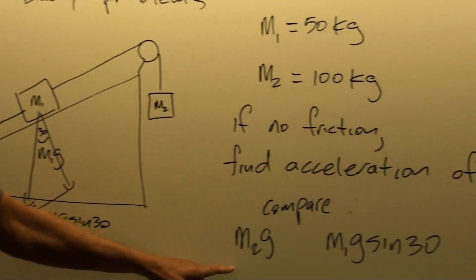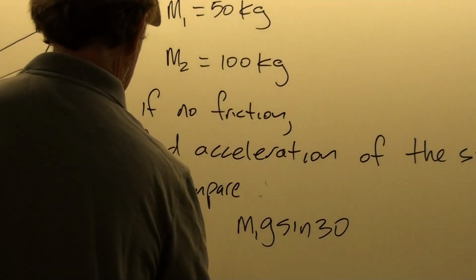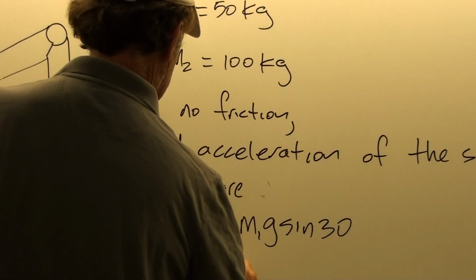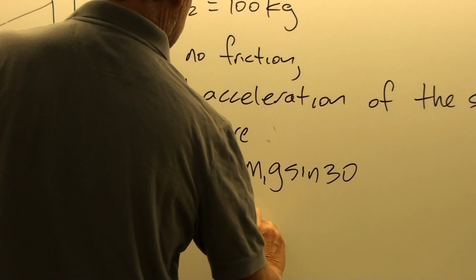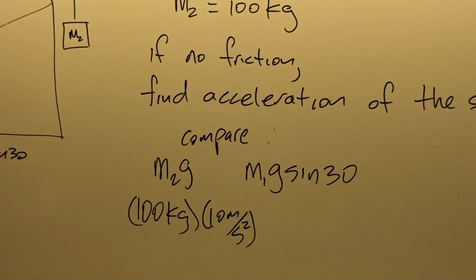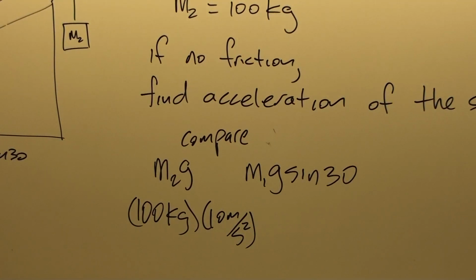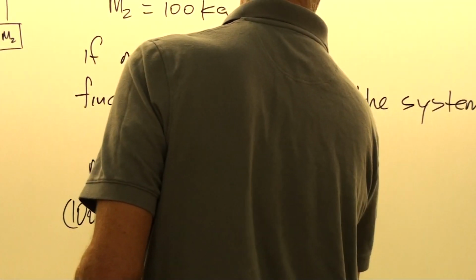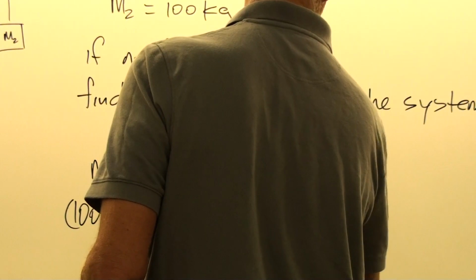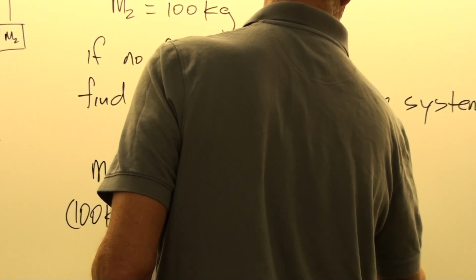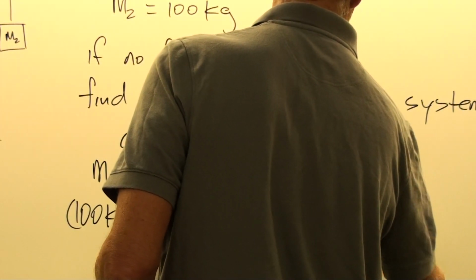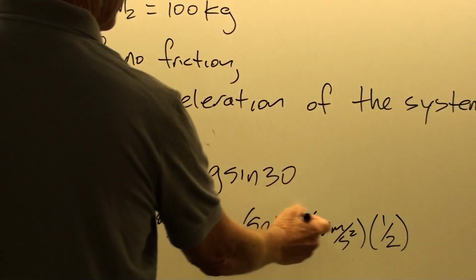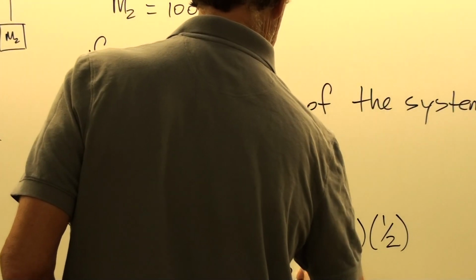Okay, and so M2g then is going to be 100 kilograms times, rounding off again, g to 10 meters per second squared, so that's 1,000 newtons. Whereas M1g sine 30 is going to be 50 kilograms times 10 meters per second squared times the sine of 30, which is 1/2. So that's going to be 500 divided by 2, which is 250.